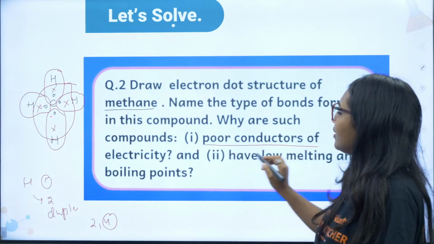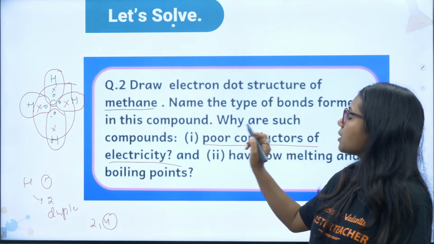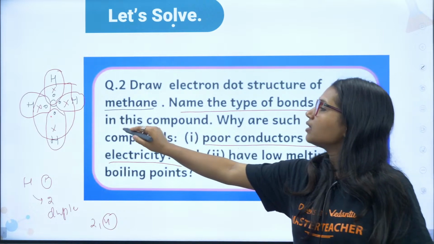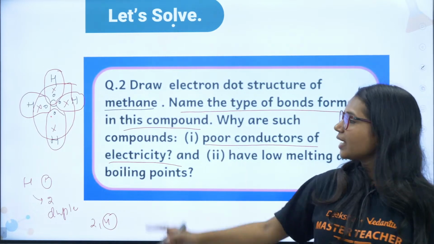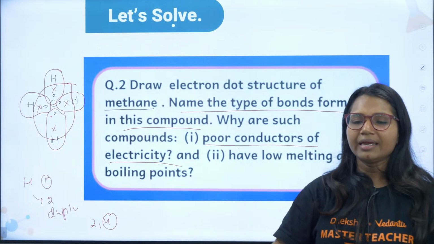Poor conductor of electricity. Tell me, why such compounds are poor conductors? Name the type of bonds formed in this compound. Can you tell me methane is forming which type of bond? Ionic, covalent, coordinate.